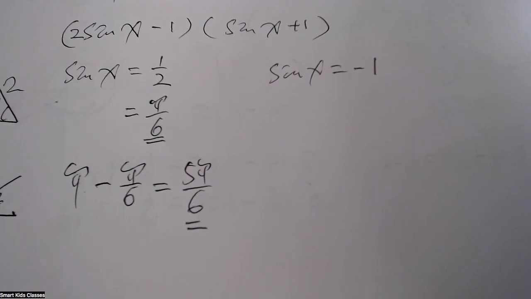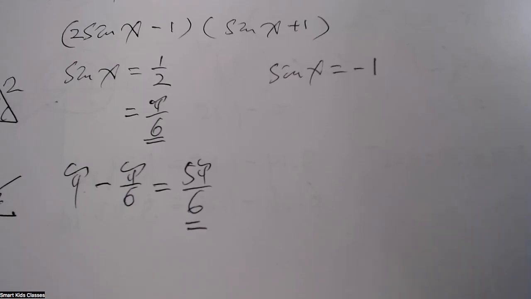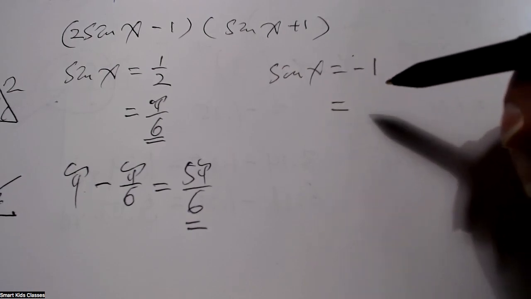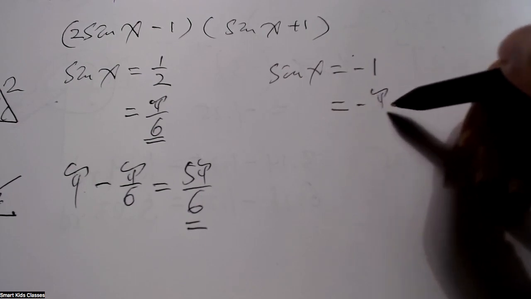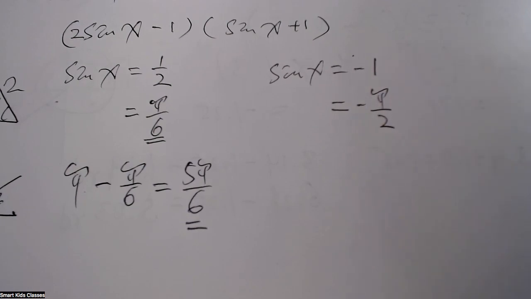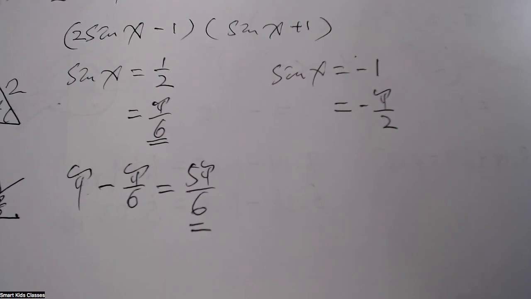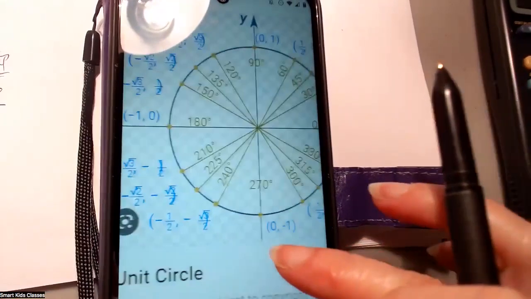Now, how about the other one? When sine x is equal to negative 1, we're going to use the calculator or a unit circle. So sine of negative 1, if you inverse it or use a unit circle, is going to be negative pi over 2. So therefore, we're going to find pi over 2 is the first angle. And how about, I'm going to show it to you on a unit circle.